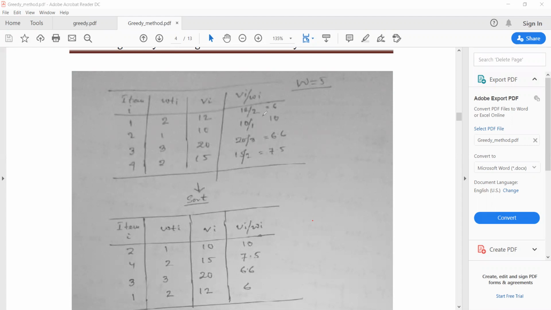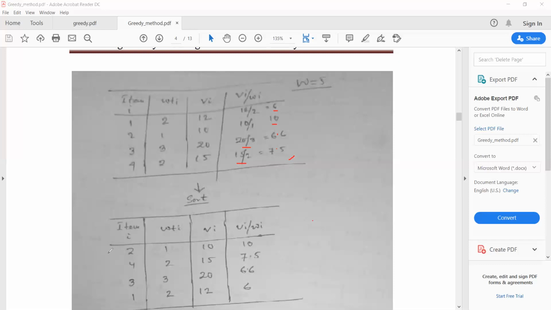If you make a solution for that case, vi by wi is 12 by 2, that is 6. Then 10 by 1, that is 10. Then 20 by 3, that is 6.6. And 15 by 2, that is 7.5.